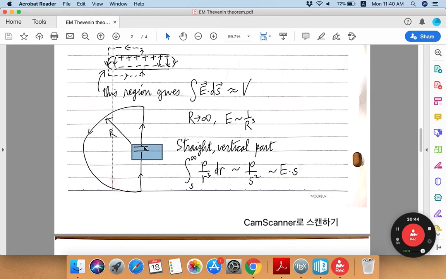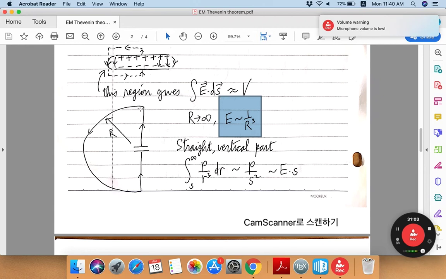Okay, you have some accumulation of positive charges here, accumulation of negative charges over there, and that's a dipole. And we know that the dipole creates an electric field that falls off as the distance cubed.